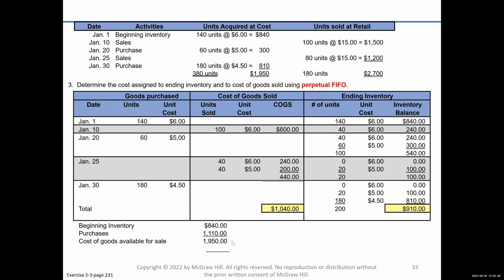So we have goods available here of 1,950. So if we subtract our ending inventory of 910, we should have cost of goods sold of 1,040, right? The amount available minus ending inventory will be cost of goods sold. And notice it agrees. So we are good.